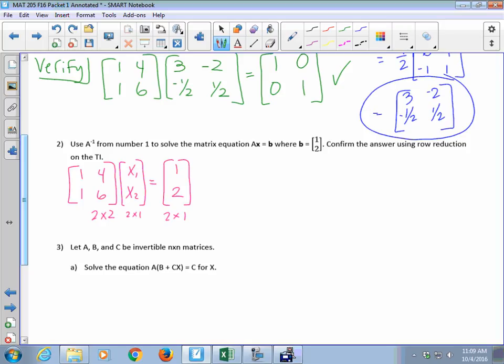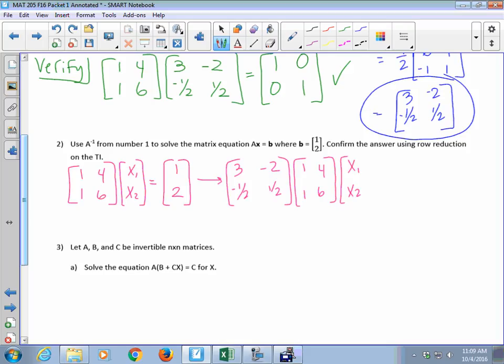All right, so to solve this, instead of augmenting and row reducing, multiply both sides by A inverse. So A inverse is 3, negative 2, negative a half, times 1, 1, 4, 6, times x1, x2.